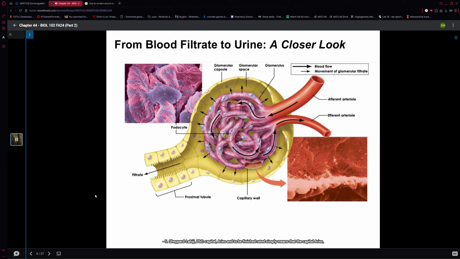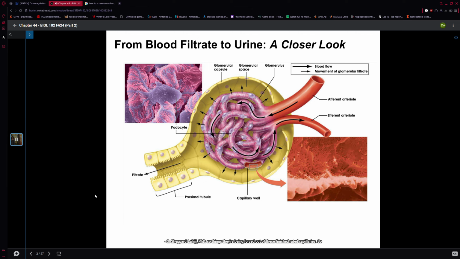To be fenestrated simply means that the capillaries are pretty porous. That porous nature allows large amounts of solute-rich but protein-free fluid to exit the blood and enter the glomerular space. This fluid is the filtrate.